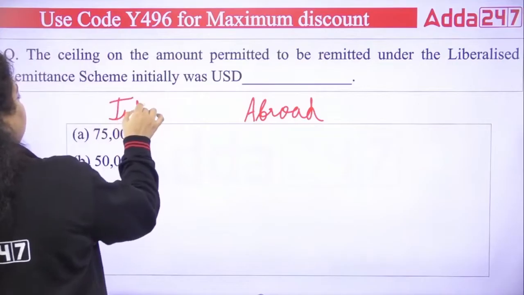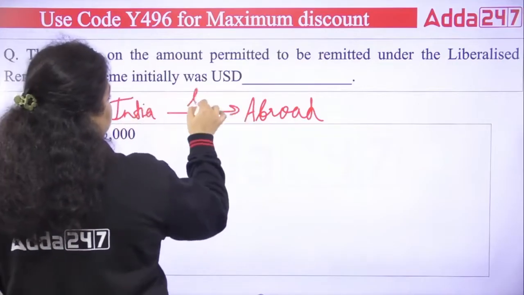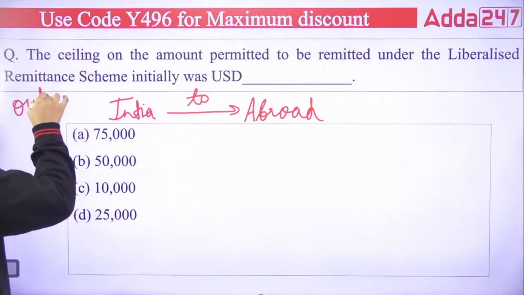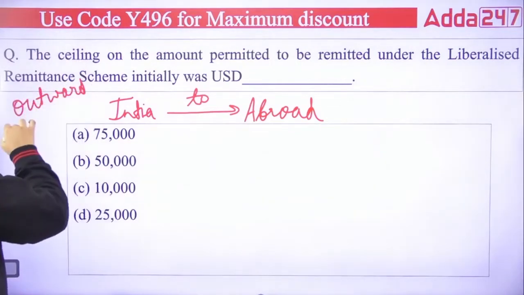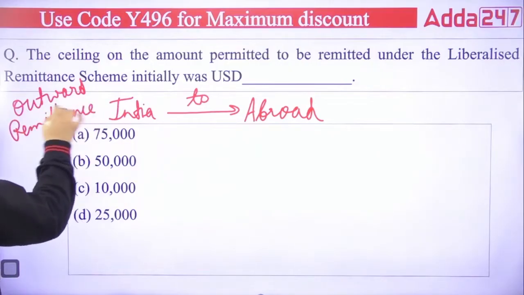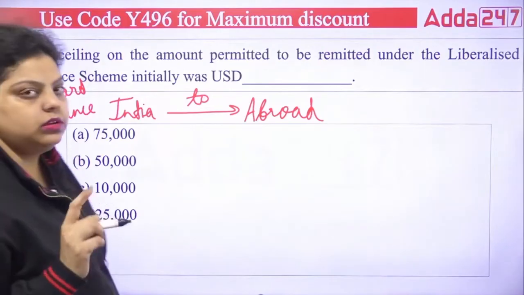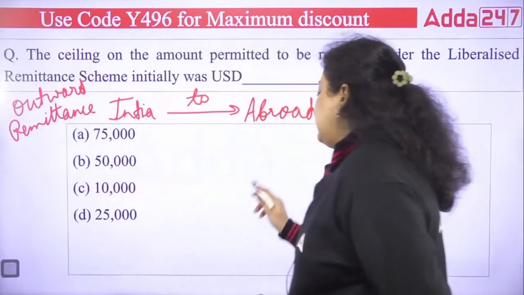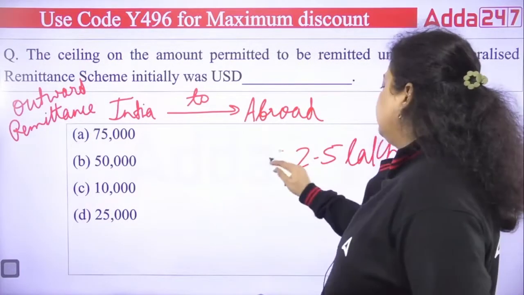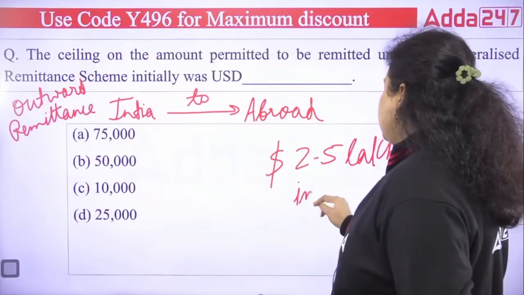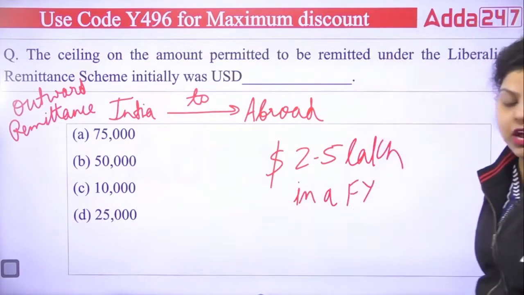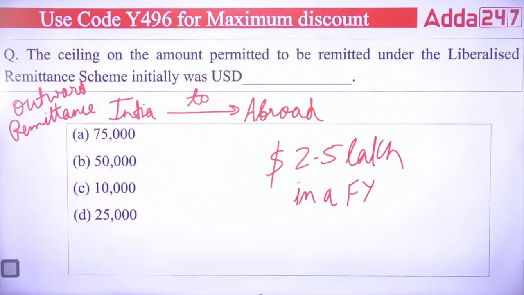And this is the outward remittance. The amount which is right now allowed by the RBI is 2.5 lakh dollars in a financial year. In a financial year, this amount of money can be transferred from India to abroad.